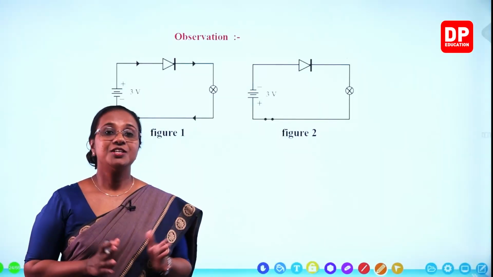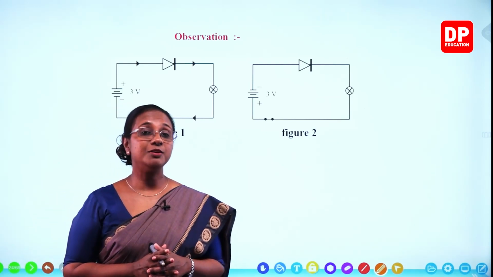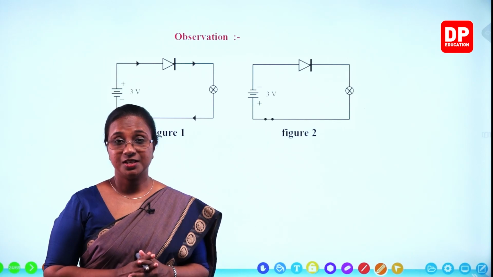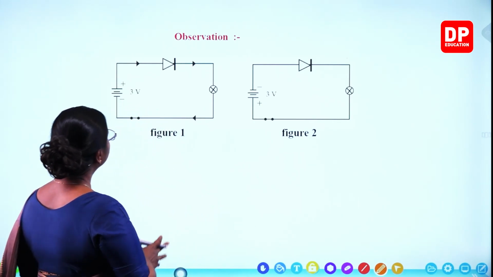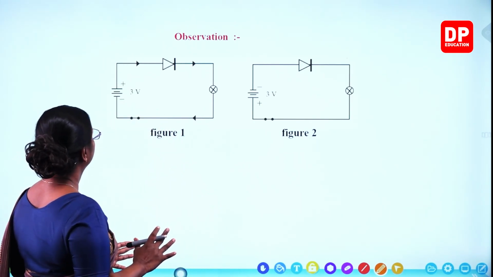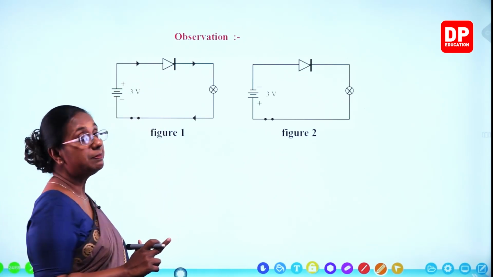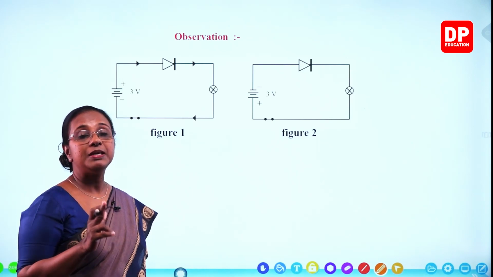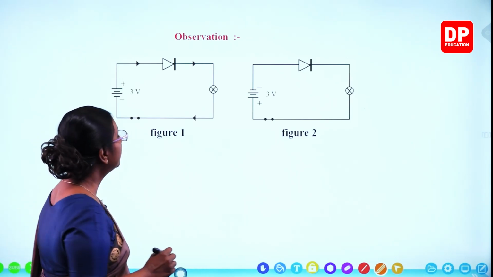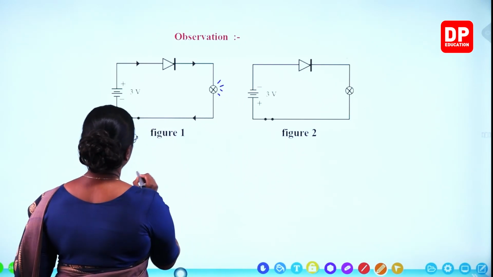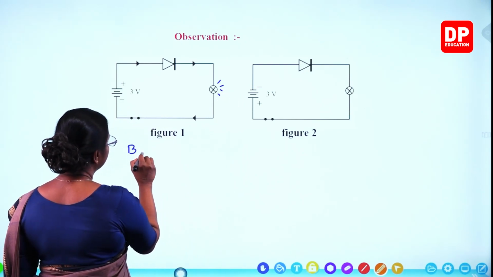Okay, students. So did you all see what happened during the activity? I am sure you all observed the changes. When we connected the circuit this way, with the positive terminal connected to the P terminal of the PN junction diode, you were able to see that the bulb lights.